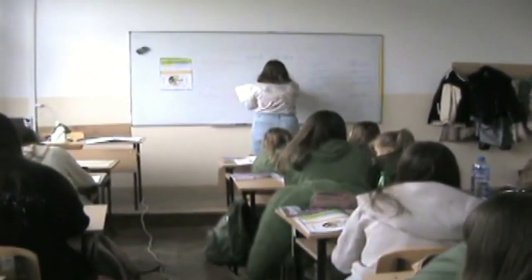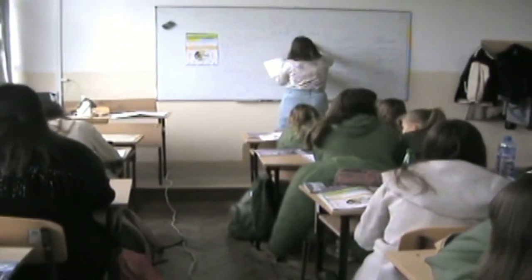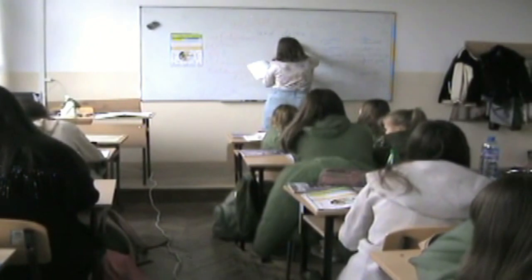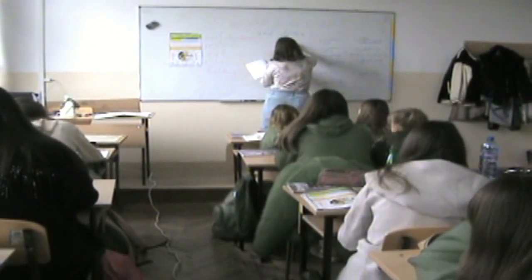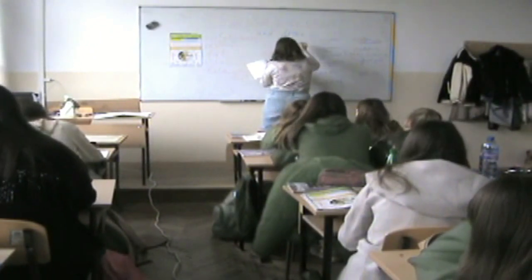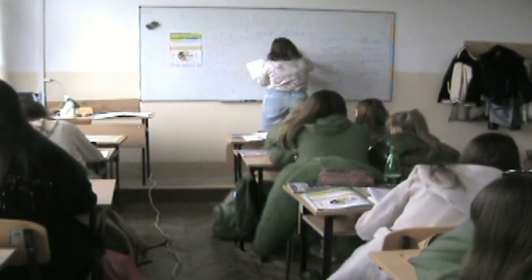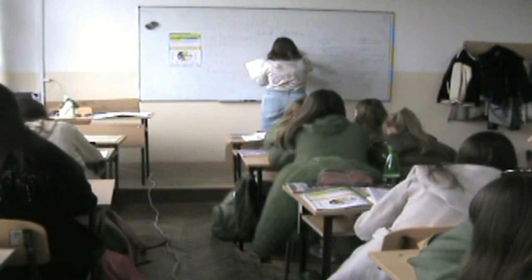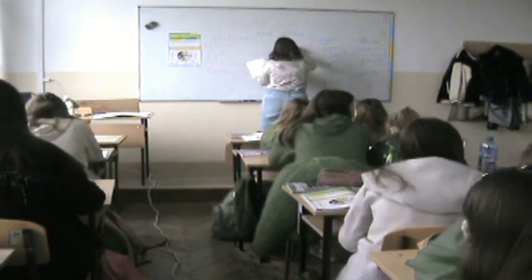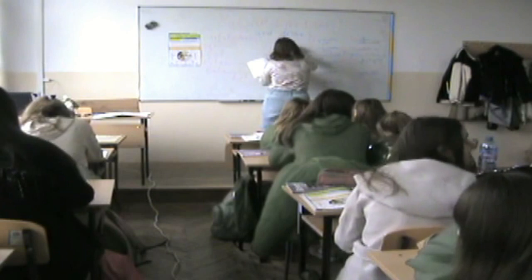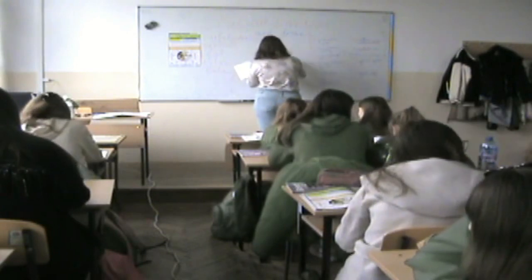So you give 35% of fruits and vegetables. Okay. Paulina, are you ready with your diagram? Yeah. Can you explain to the class?